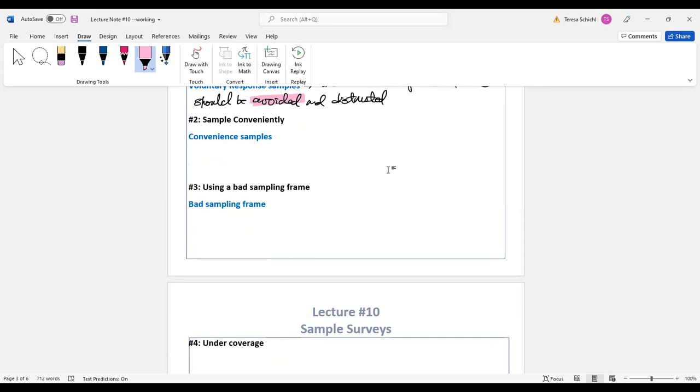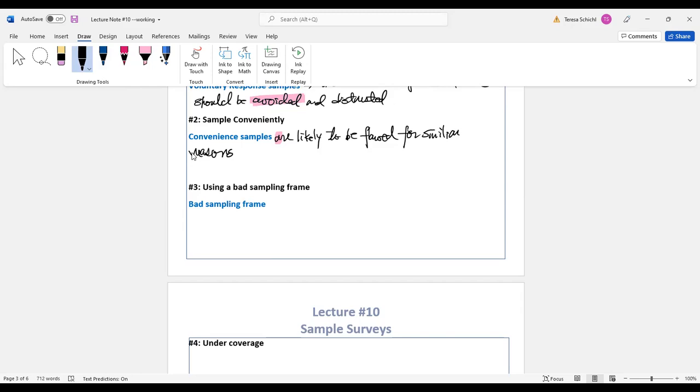Then the next one is when you sample conveniently. The result we call a convenience sample. Convenience samples are likely to be flawed for similar reasons as the voluntary response sample.